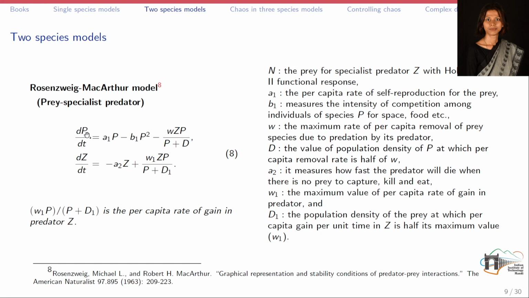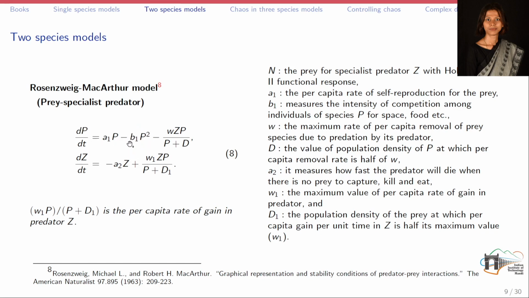Here we can see that the change in the prey population, that is dP/dt, is equal to A1 P, where A1 is the per capita rate of self-reproduction for the prey. This is the growth in the prey population due to new births, and minus B1 P squared represents the intraspecific competition among the prey population.